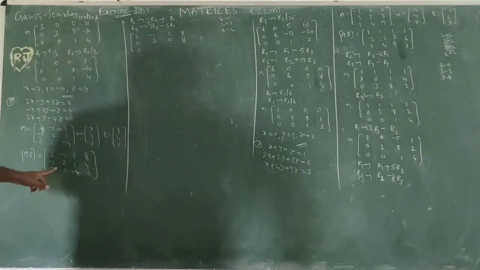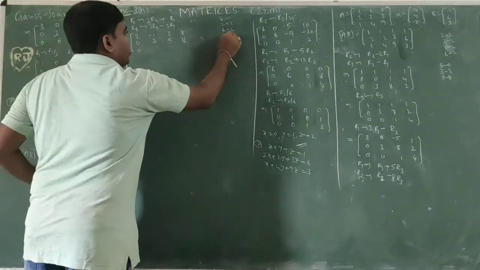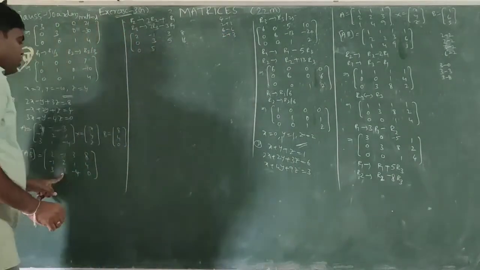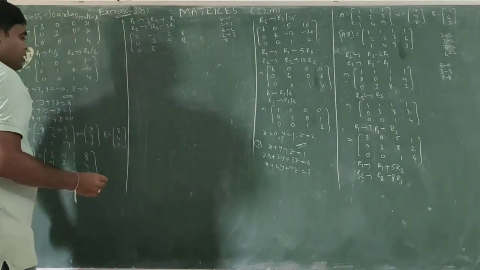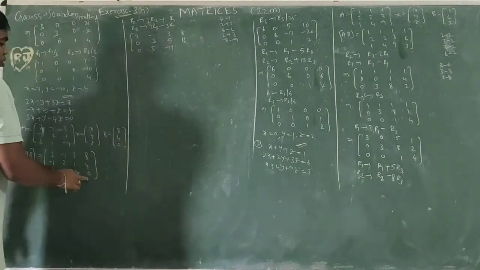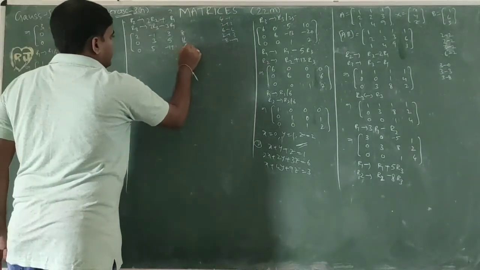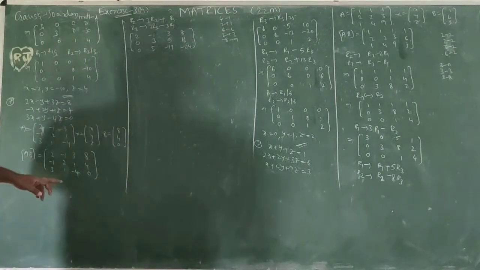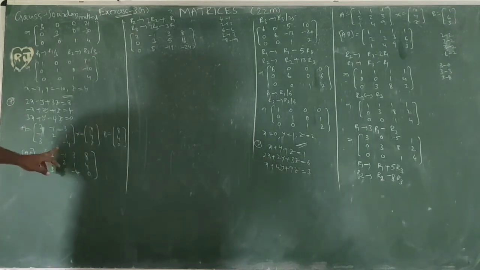Next, 2 into 1, 2, minus 3 into minus 1, plus 3, 2 plus 3, 5. 2 into minus 4, minus 8, minus 3 into 3, minus 9, minus 8 minus 9, minus 17. 2 into 0, 0, minus 3 into 8, minus 24. 2 into 0, 0, minus 3 into 8, minus 24. 2 into minus 4, minus 8, minus 9, minus 17. 2 into 1, 2 plus 3, 5.